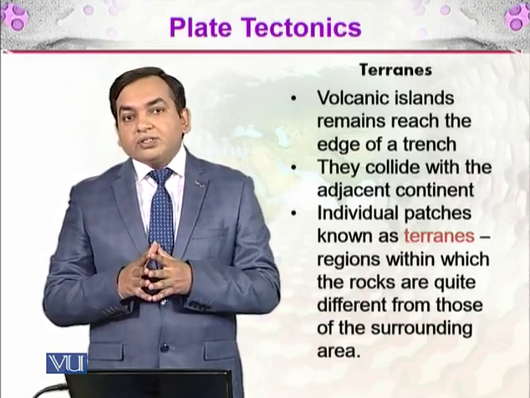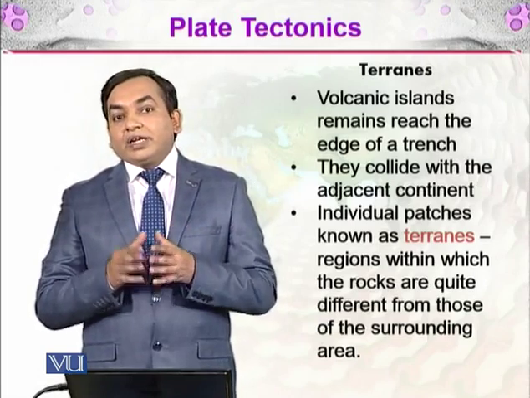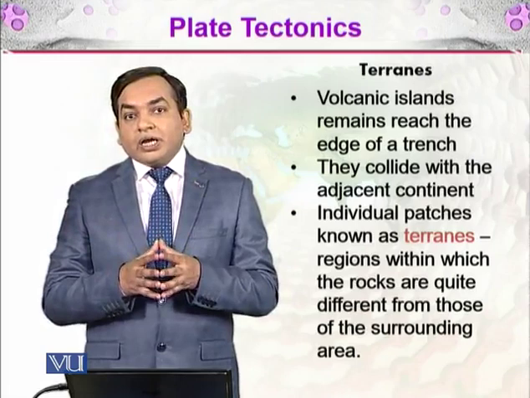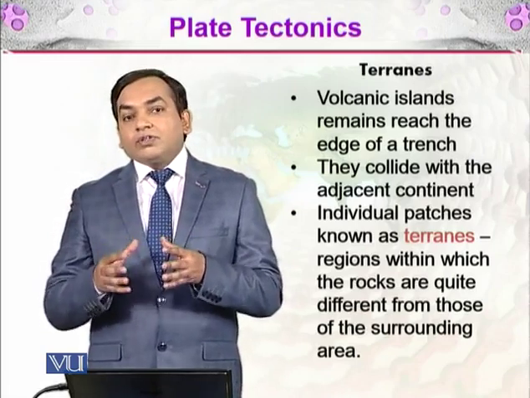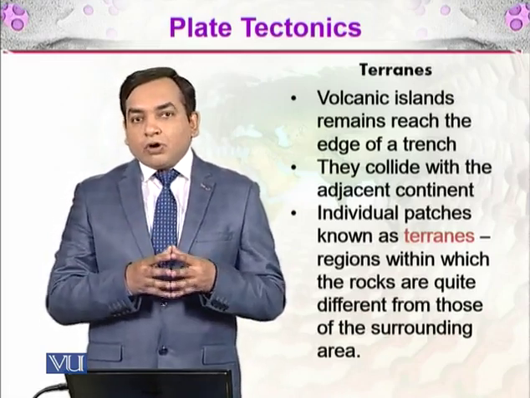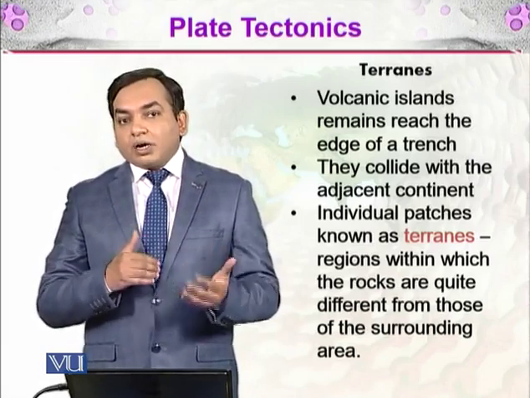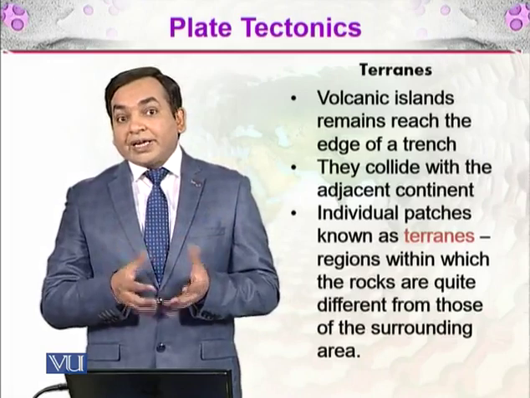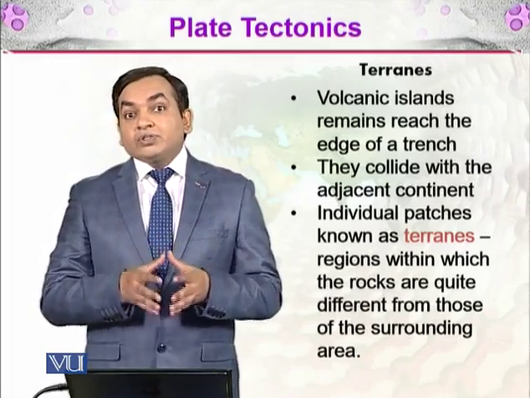So these terranes might tell us that if there was an island which was colliding with or joining the adjacent continent, and now the species have come, and if there are some species which we cannot recognize, then these might have origins from that island.